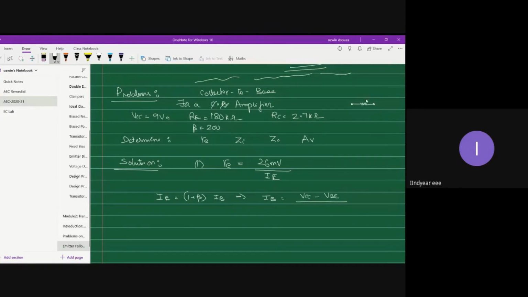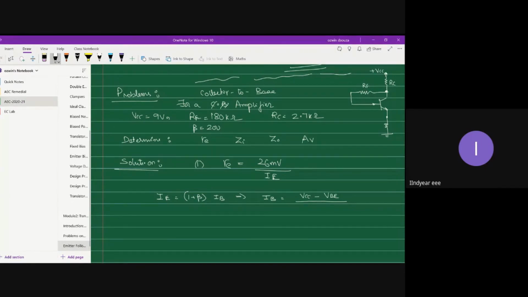Let me quickly draw the circuit so that you will be able to compare. This is RC. This is your RF.